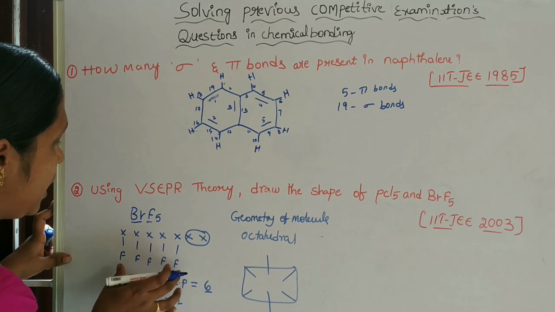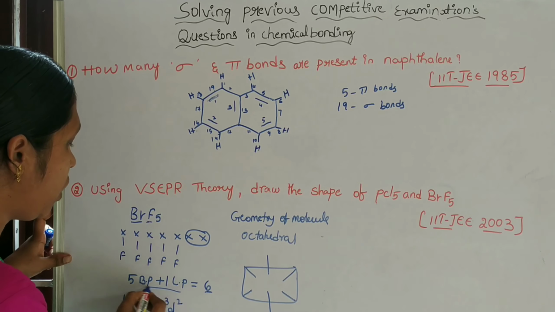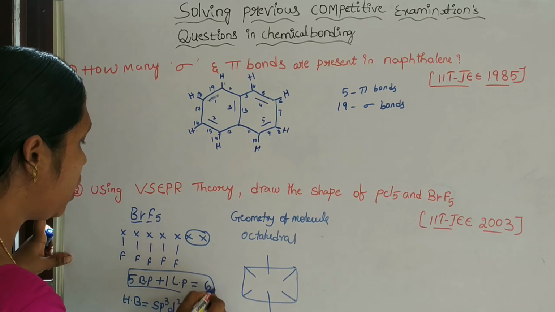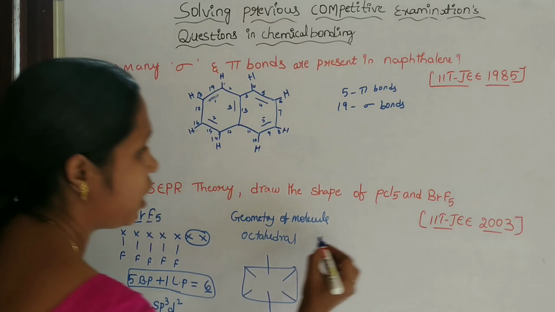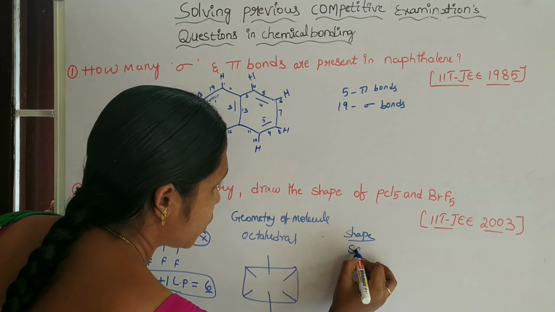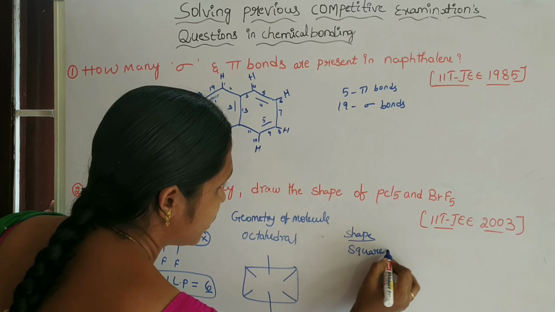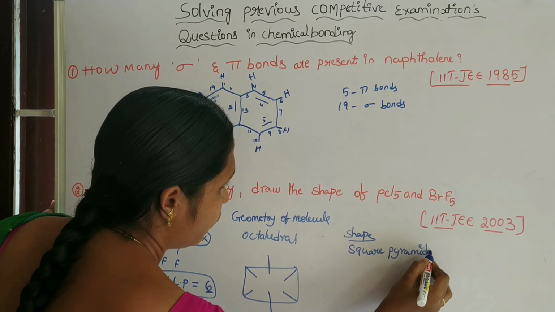Okay, and next, according to our electron pairs, the molecule has 5 bonded pairs and 1 lone pair. So due to one lone pair, the shape of the molecule is square pyramidal. Why?